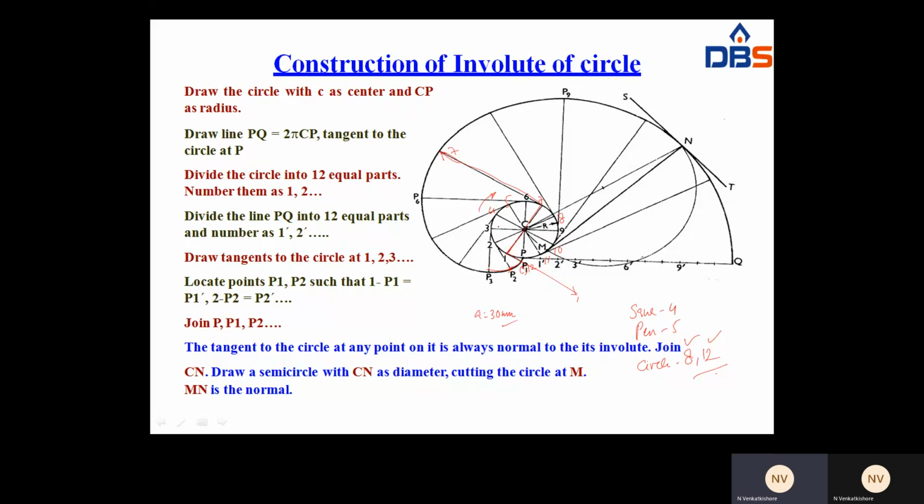And 4P3. Like that, we finally get the curve like this. Just joining all the points, we get the solution.